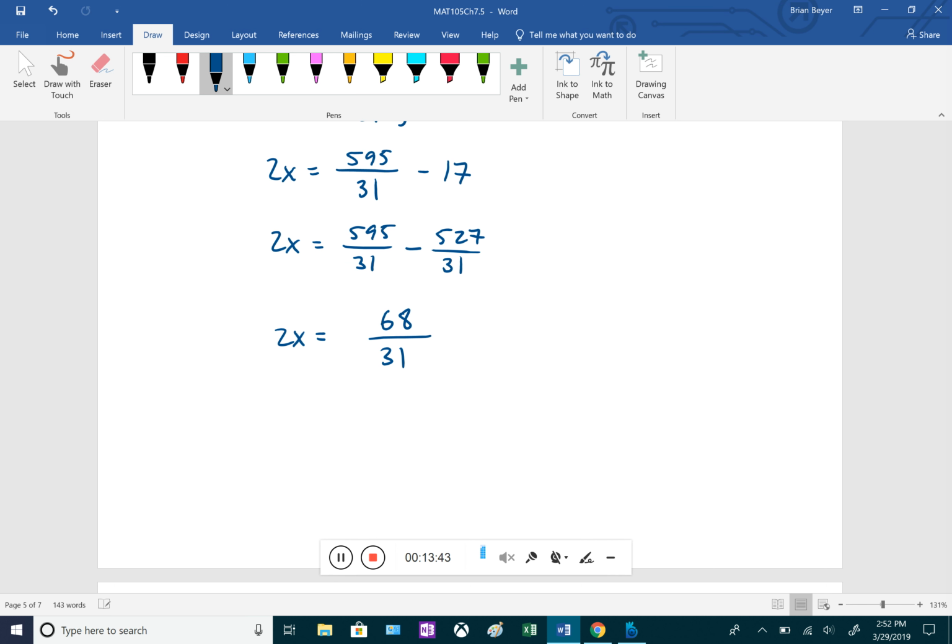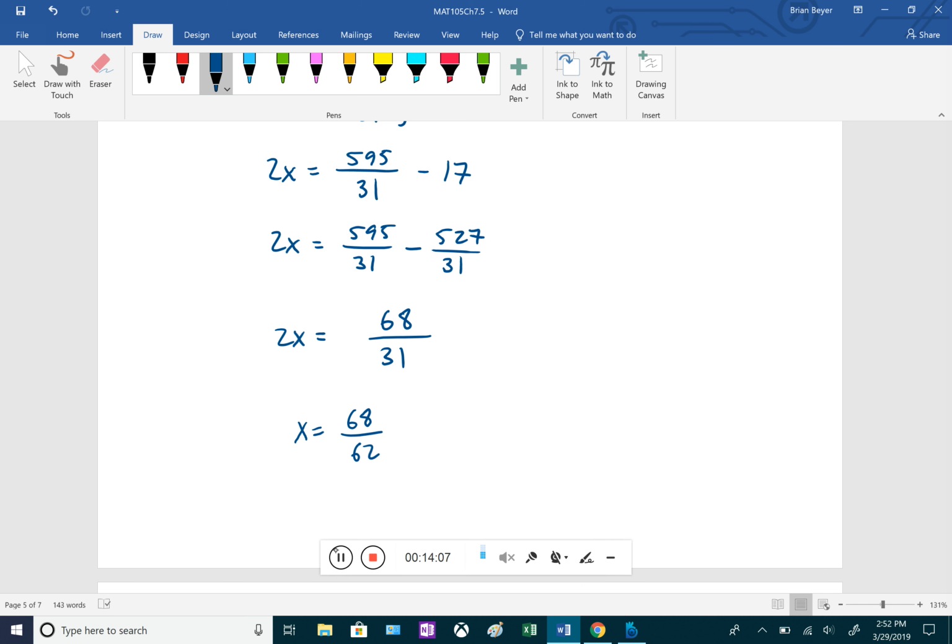And now we have to divide both sides by 2. When we divide both sides by 2 here, that's going to give us x equals 68 over 62. So that's 68 divided by 31, all divided by 2. So that's keep, change, flip with dividing fractions.